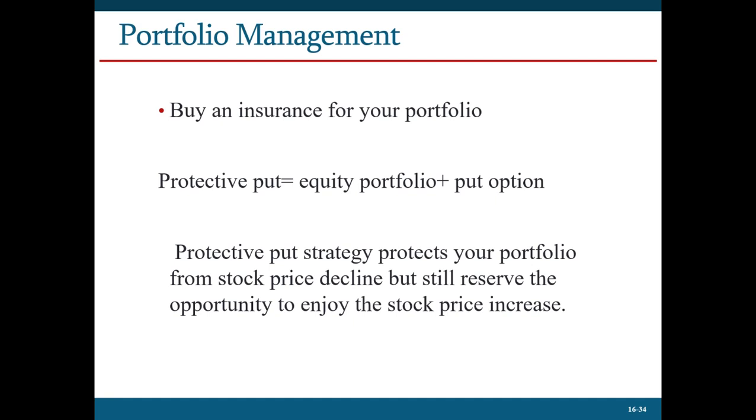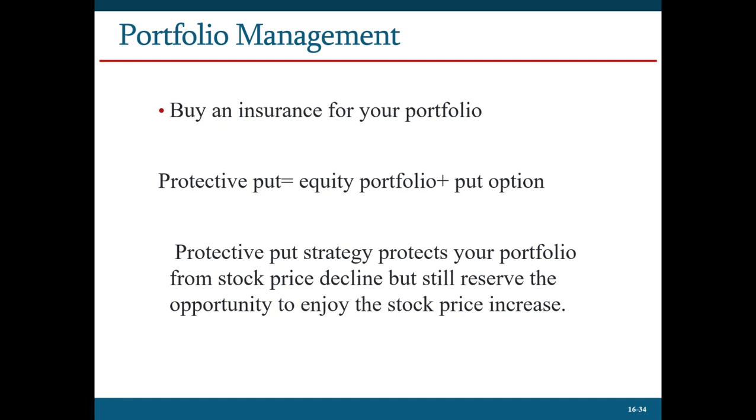Let's say you have a portfolio of many stocks, and right now you're happy with the performance of the portfolio that you achieved so far this year, but you have a concern about future market decline. You don't want to sell all your stocks because of the fear of a decline, because your forecast may not be 100% correct.